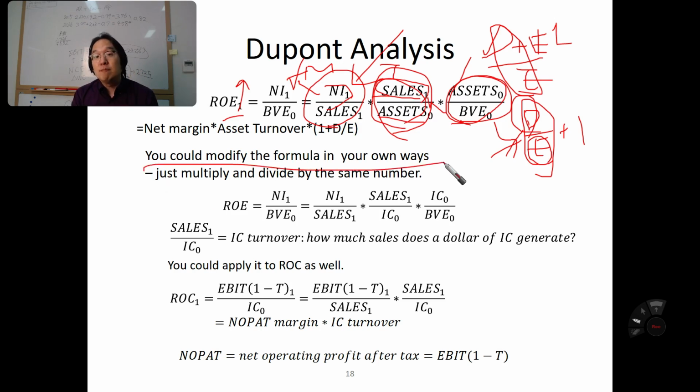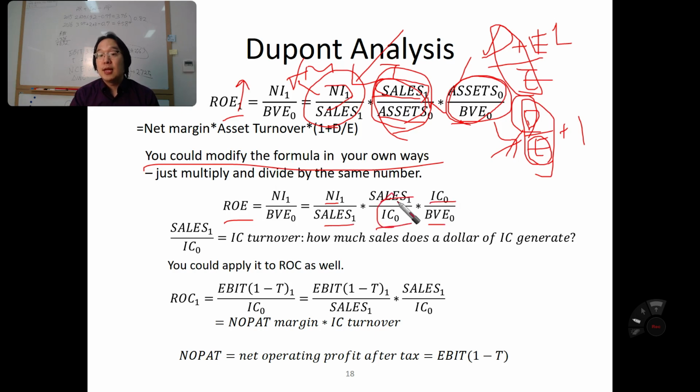Now, you can modify this formula in your own ways. I told you this is the mathematician's favorite technique. Any ratio, numerator, denominator, separate it and multiply and divide by the same number. How many times doesn't matter, it's up to you. But ROE, separate it and then multiply and divide by the same number.